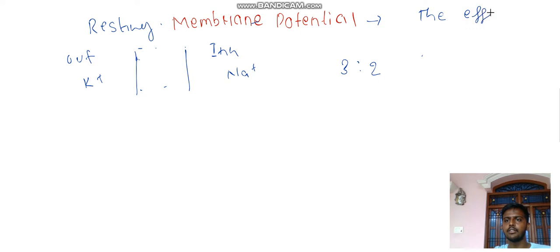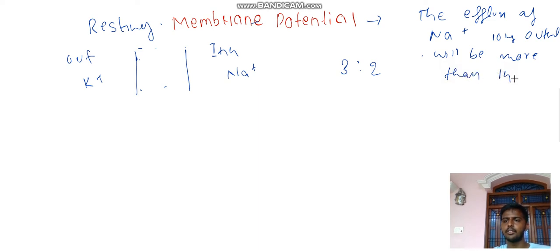The efflux of sodium ions outside will be more than the influx of potassium ions.